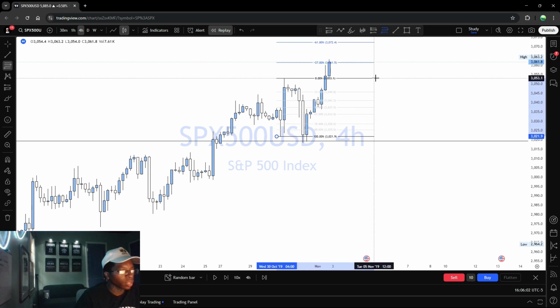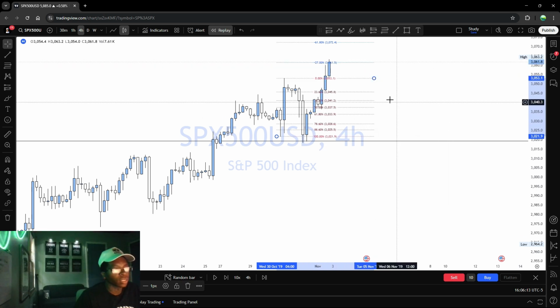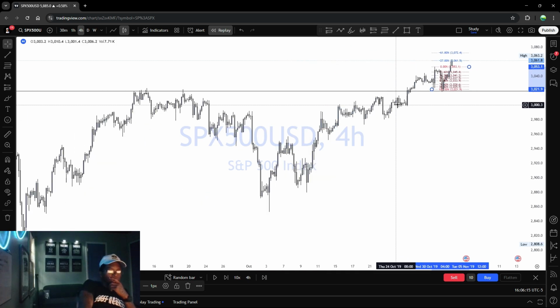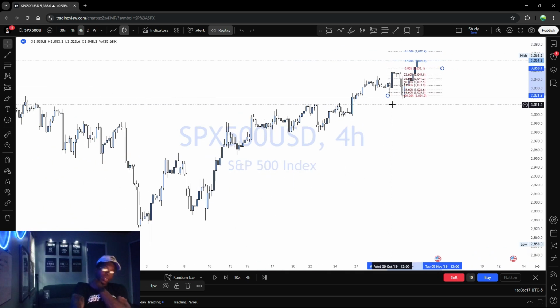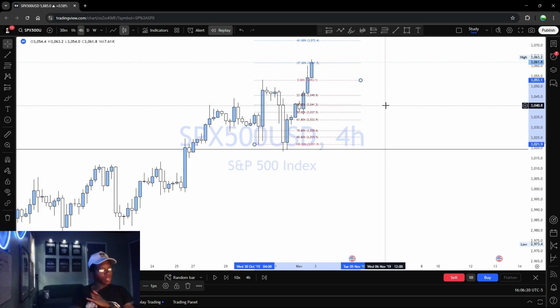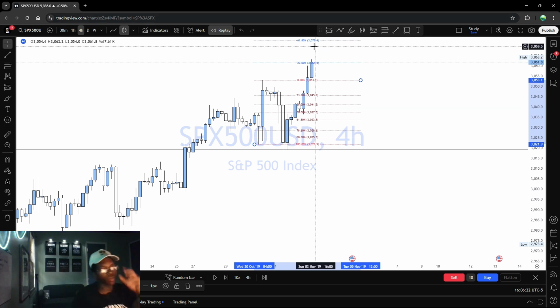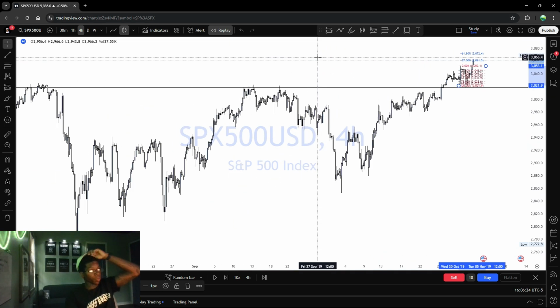See that high, impulse correction, 100%. Currently at negative 27. So I'm actually leaning towards that. So I'm going to leave that there for now. Just know that we had this negative 61 point right here as well.